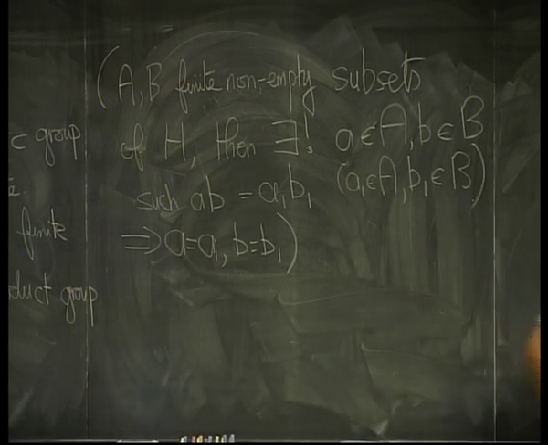In fact, Lafont's argument even shows that H is a two unique product group. So if you get finite non-empty subsets of H, then you can consider all products ab with a in A and b in B, and there's one of those elements which can be only written in that way.